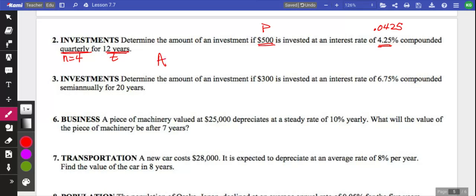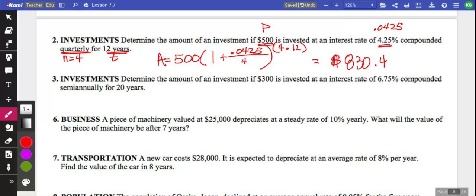So according to the formula, I do P times parenthesis 1 plus my rate, which is 0.0425, divided by N, to the N times T. And it's important for you people who have the TI-83 calculators to put your 4 times 12 in parentheses. And I got $830.40.